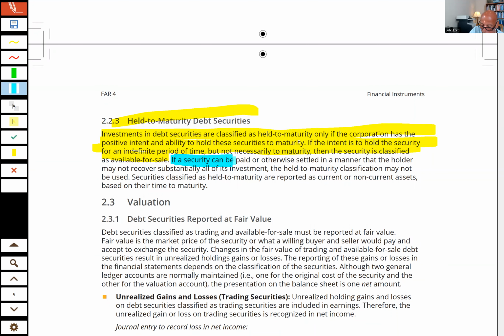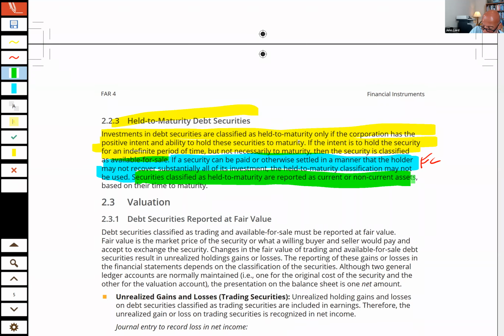If a security can be paid or otherwise settled in a manner that the holder may not recover substantially all of its investment, then we can't use the held to maturity category. So flashcard that, and flashcard that securities classified as held to maturity are reported as current or non-current depending on their time to maturity.